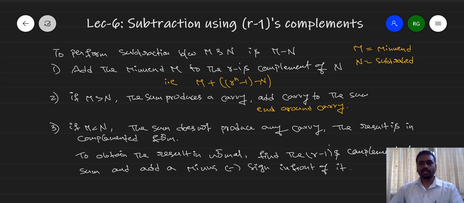So to obtain the result in normal form, find the r minus 1's complement of the sum and add a minus sign in front of it. Now it is a familiar form for us, right? So let us see with an example, by taking two binary numbers and two decimal numbers, how this procedure is executed step by step.